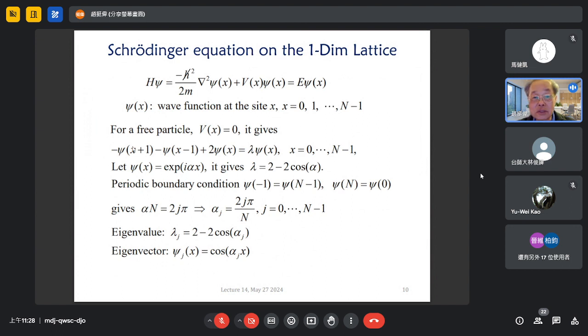Because this is e^(i alpha x), and this is e^(-i alpha x), they add together to give 2 cosine alpha. So you have this 2, and these two terms together give you the minus 2 cosine alpha. So that's lambda.